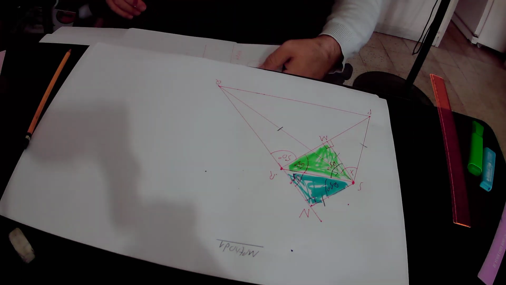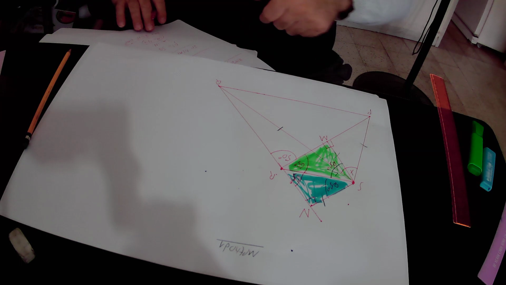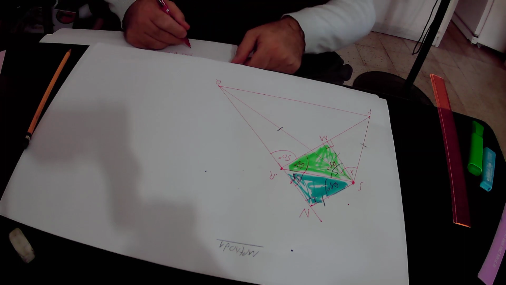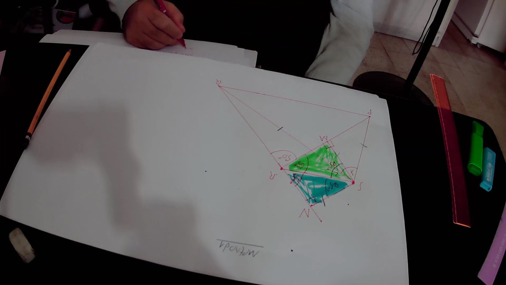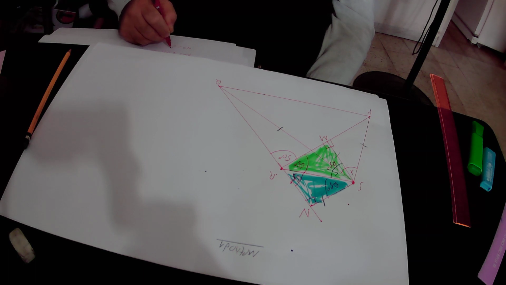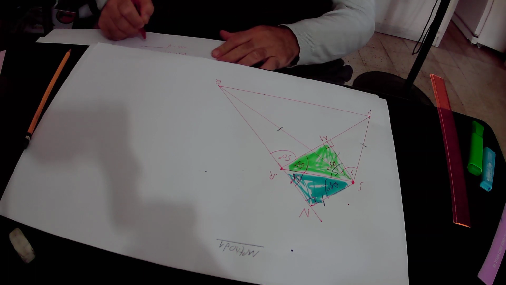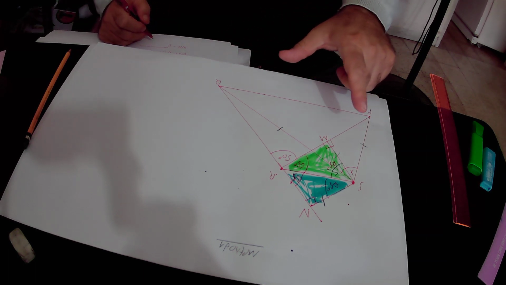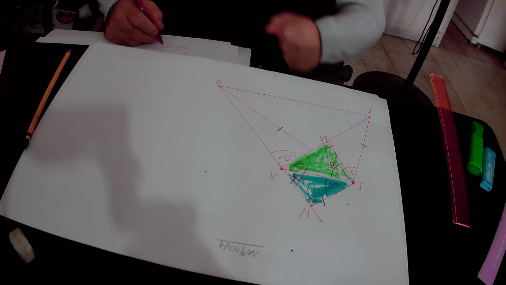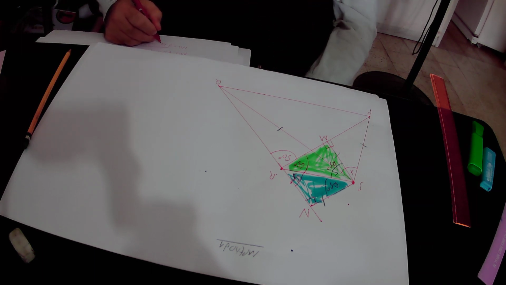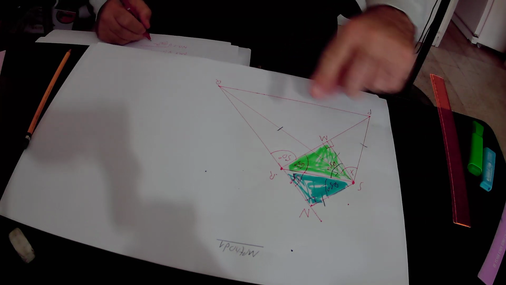And the value of NQ according to the Pythagoras theorem, NQ will be equal to the root of SQ squared minus SN squared.